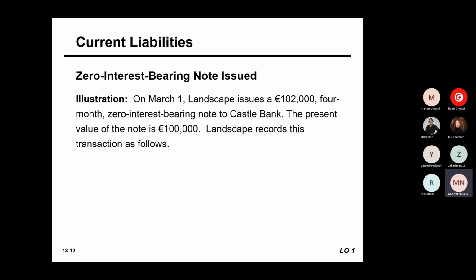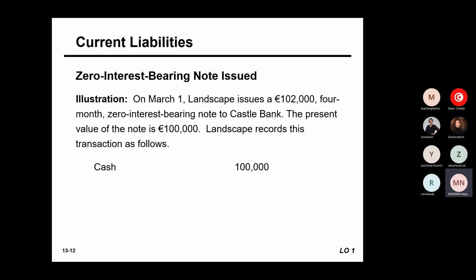Imagine now that we have a zero interest bearing note. Here we have the issuance of a 102,000 4-month zero interest bearing note to Castle Bank. The present value is 100,000, so as I issue this zero interest bearing note, I will be receiving 100,000 and I will be paying 102,000.